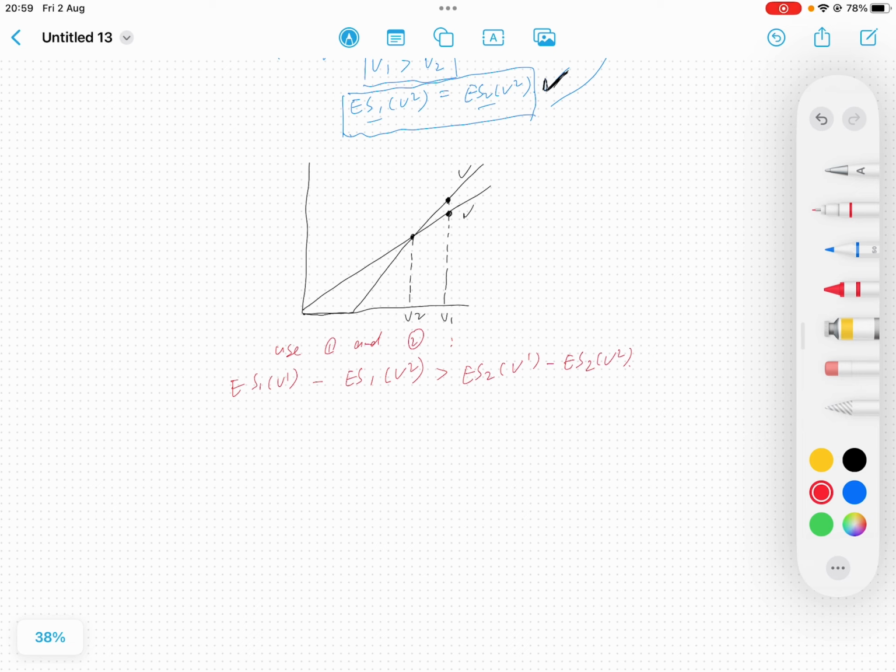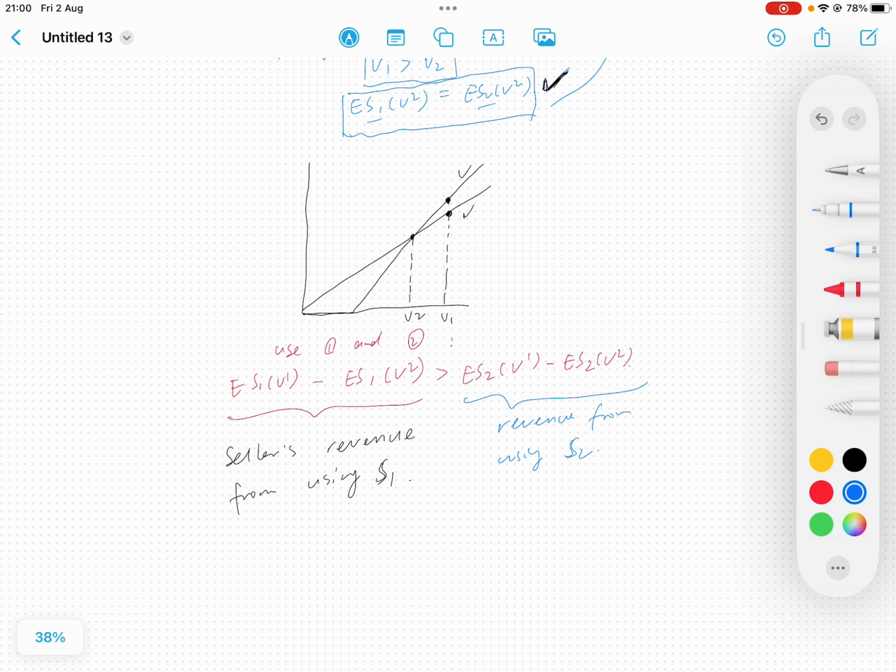And what does this mean? The left hand side here is nothing but the seller's revenue from using S1, and here is the seller's revenue from using S2.